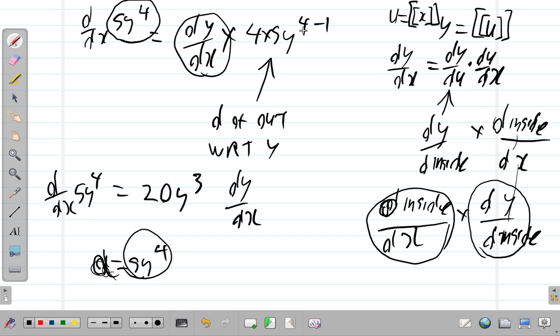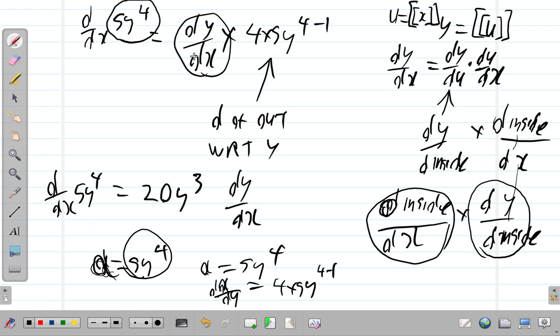So it's 4 by 5y to the 4 minus 1. Remember here, if you say A is equal to 5y to the 4th, then dA by dy is equal to 4 by 5y to the 4 minus 1. That's what's happening up here.